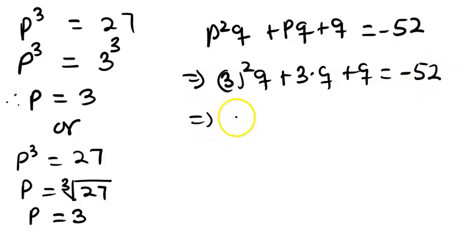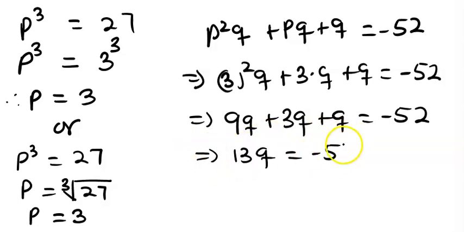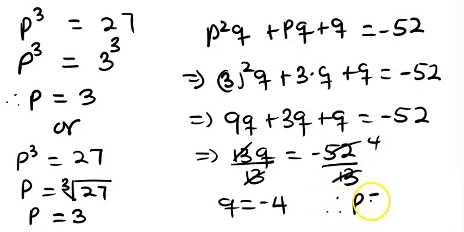So we have 9q plus 3q plus q is equal to minus 52. When we add this, we have 13q equal to minus 52. So we divide both sides by 13, therefore q is minus 4. So hence p is equal to 3, and q is equal to minus 4.